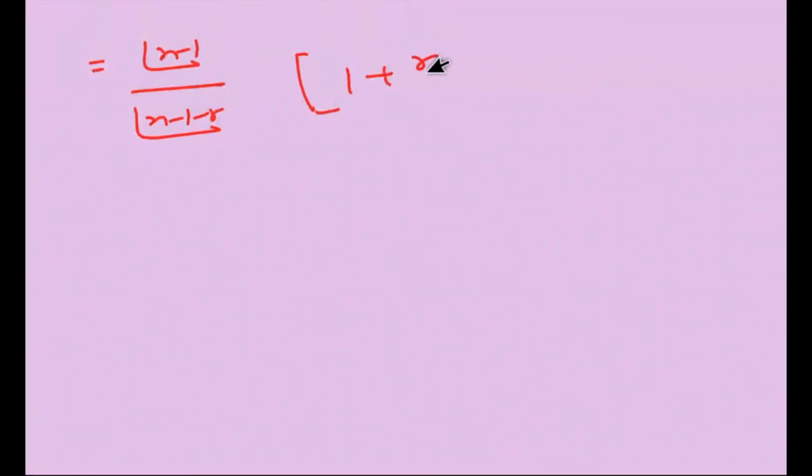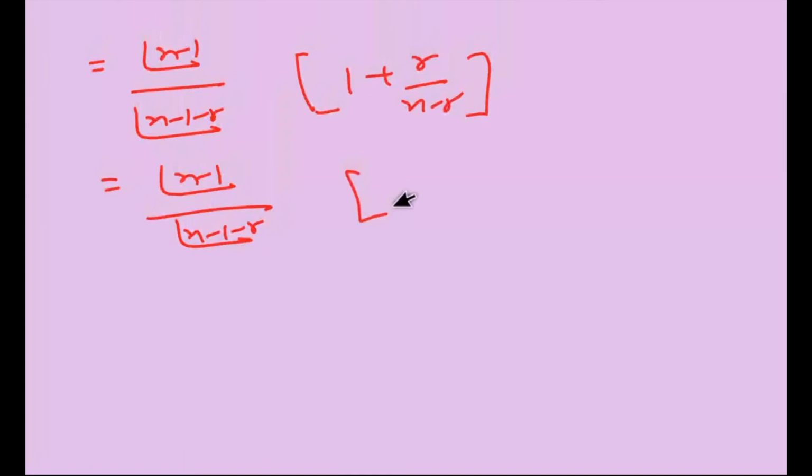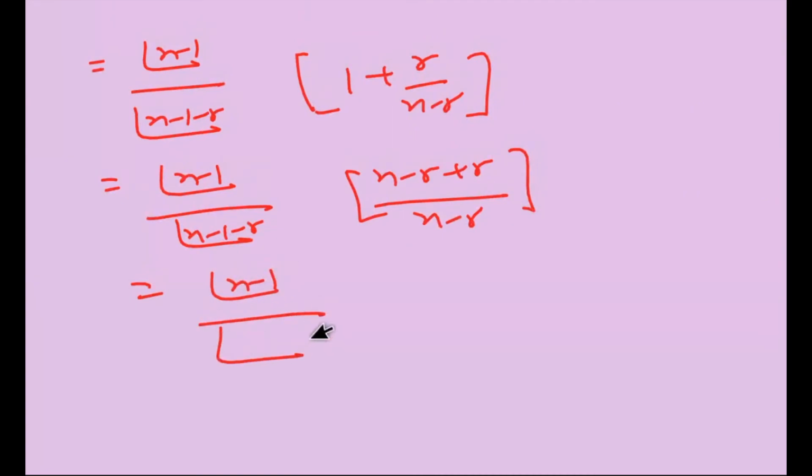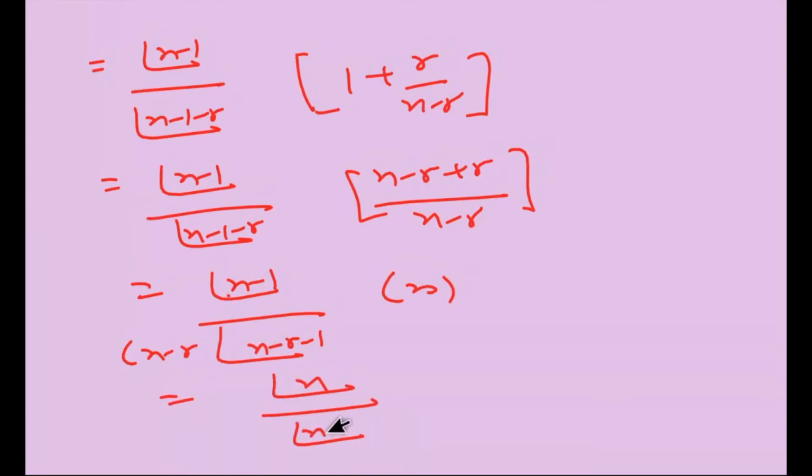So taking LCM here, what we can write is n minus r plus r, which is n, and this n can be written with factorial n minus 1 as factorial n, and this becomes factorial n upon factorial n minus r, and it is nPr. So it is the LHS. So this can be proved easily.